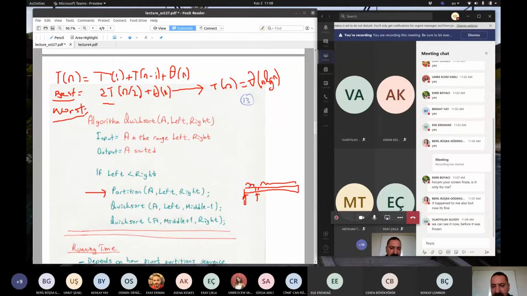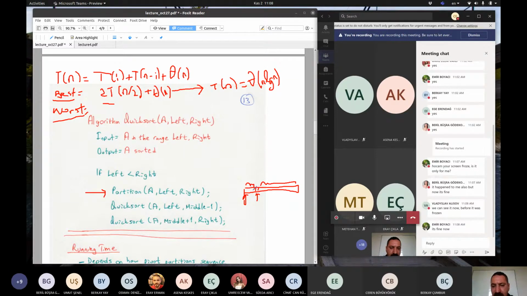For the worst case, the partition algorithm will end up with an unbalanced partitioning so that one of the recursive quicksort calls, say for instance, if the pivot is the leftmost element, this first recursive call will do almost no work and it will end up with constant running time.